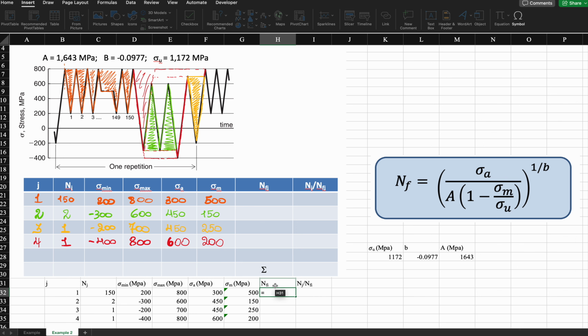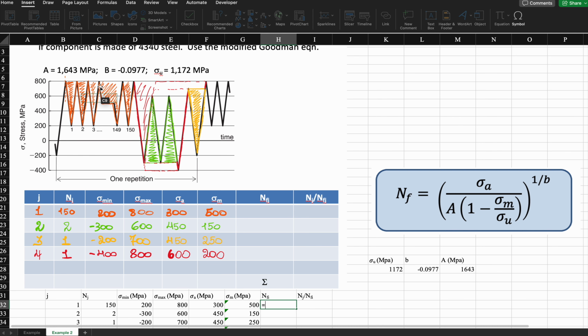So now that we have these, we can calculate our number of cycles to failure for these conditions. So for this condition only, for the green condition only, for the red condition only, or for the yellow condition only. So I'm going to open a parenthesis. Numerator, I'm going to put sigma A. Denominator, I'm going to need a couple of parentheses. I'm going to need my A. Now that's fixed, so I'm going to put a $ sign on both so that it doesn't change when I drag the formula down.